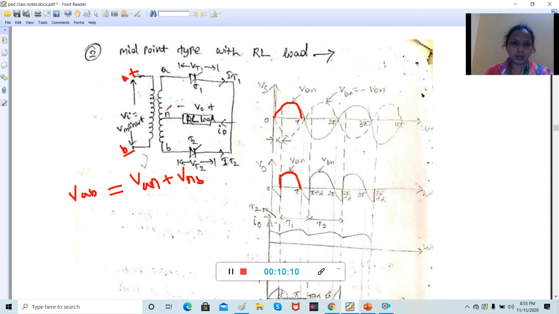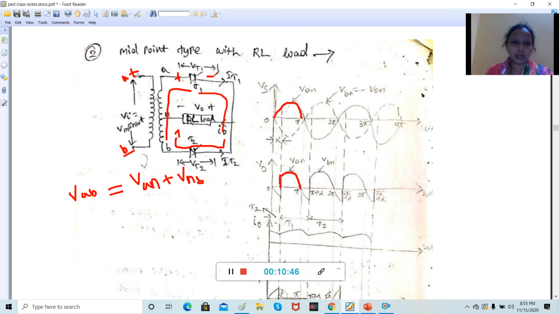This is our complete circuit path. So in this circuit we will apply the KVL equation.